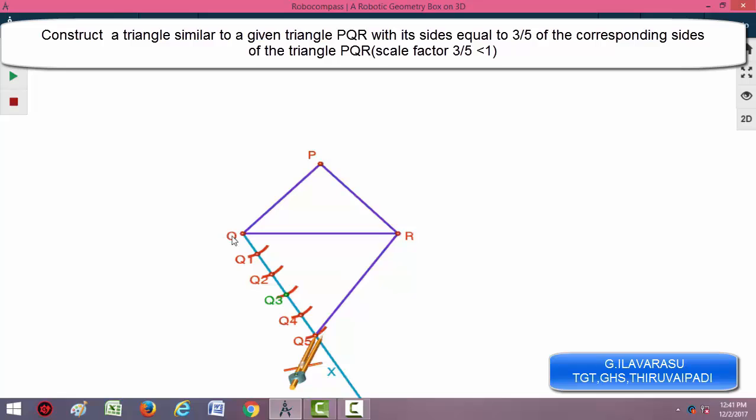I am taking 1 centimeter radius and keep Q5 as origin and cut the two arms of this angle. Let us do this. And from here we make that angle to be copied in this place.